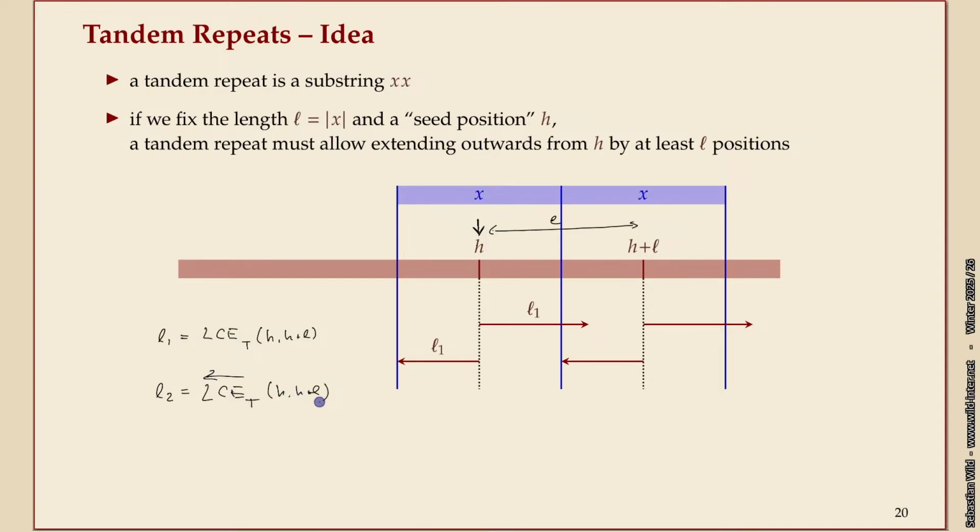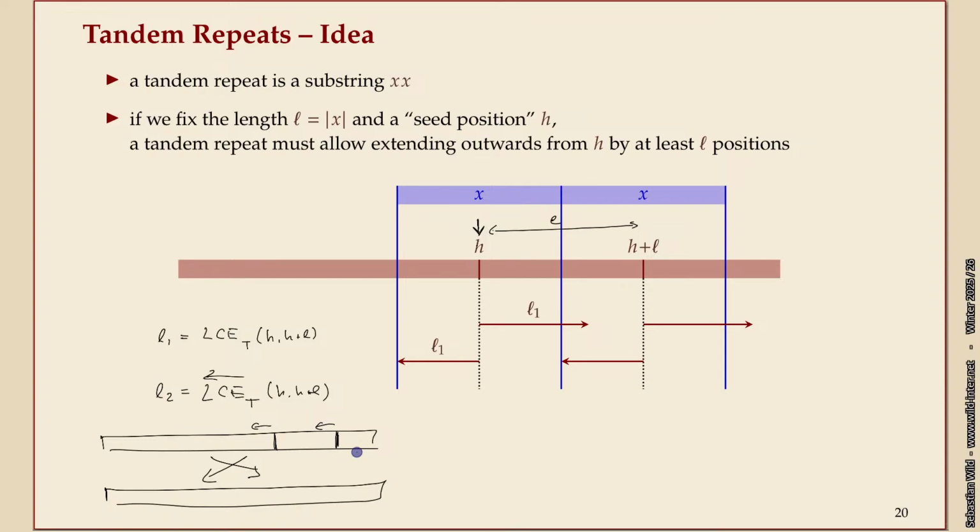But of course, you can build this using the same LCE data structure on the reversed string and flipping the indices around. So if you're interested in the longest common extension leftwards from these two positions, you take that string, you flip it around.